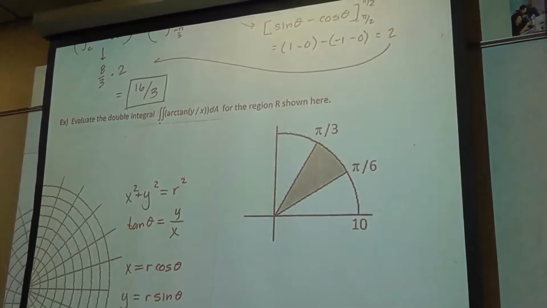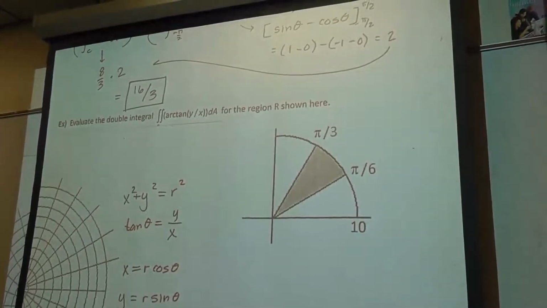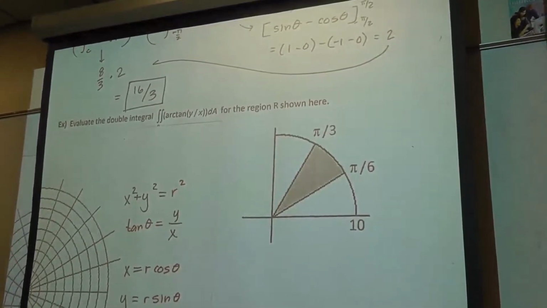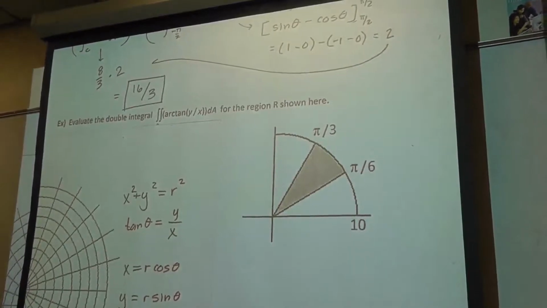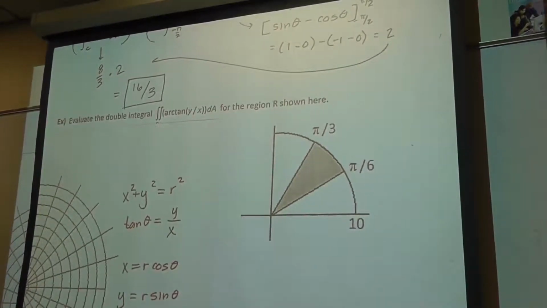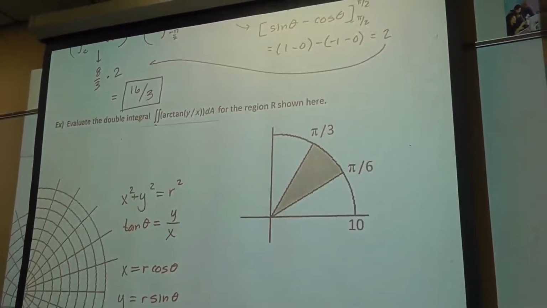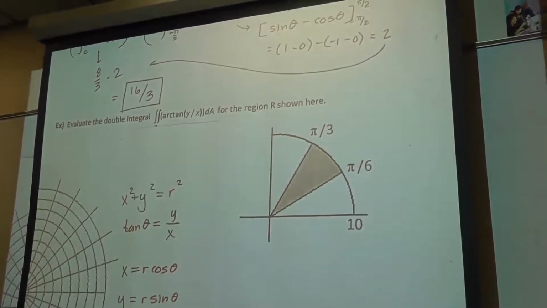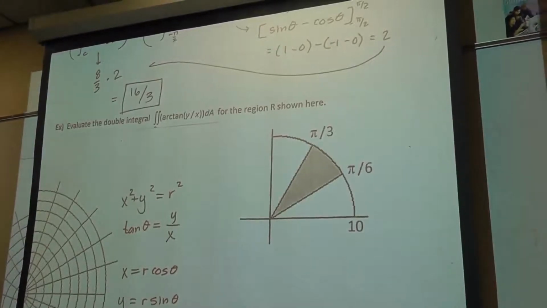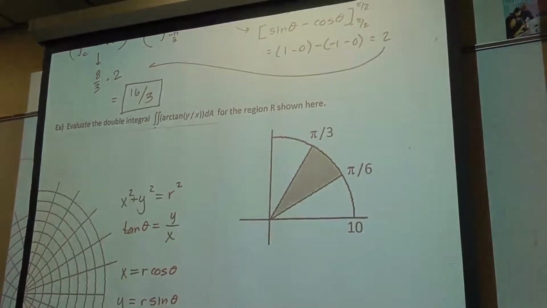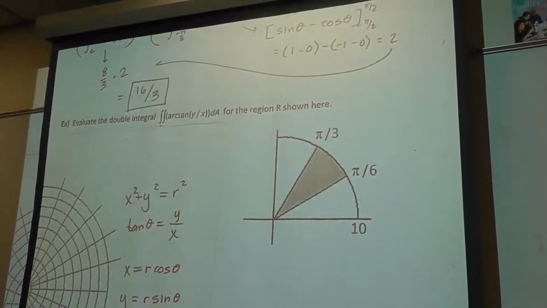That's it, good deal. Is it 50 times 5 or 6? Oh, I hadn't evaluated it yet, I don't know. I was just asking you to set up the double integral, what it would look like.